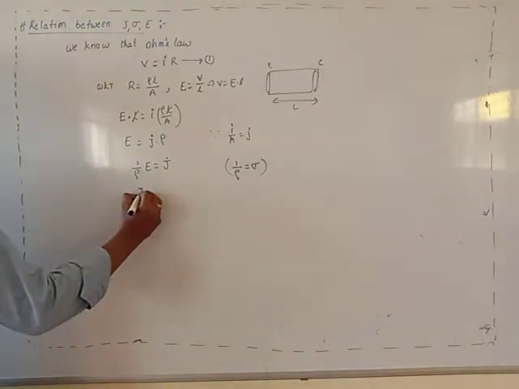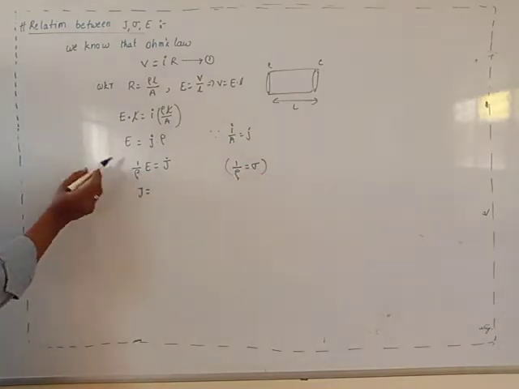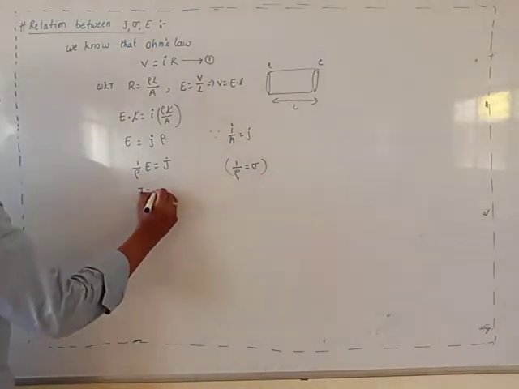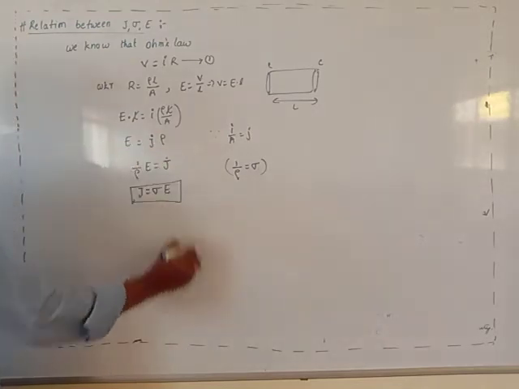Now you can write J is equal to sigma into E.